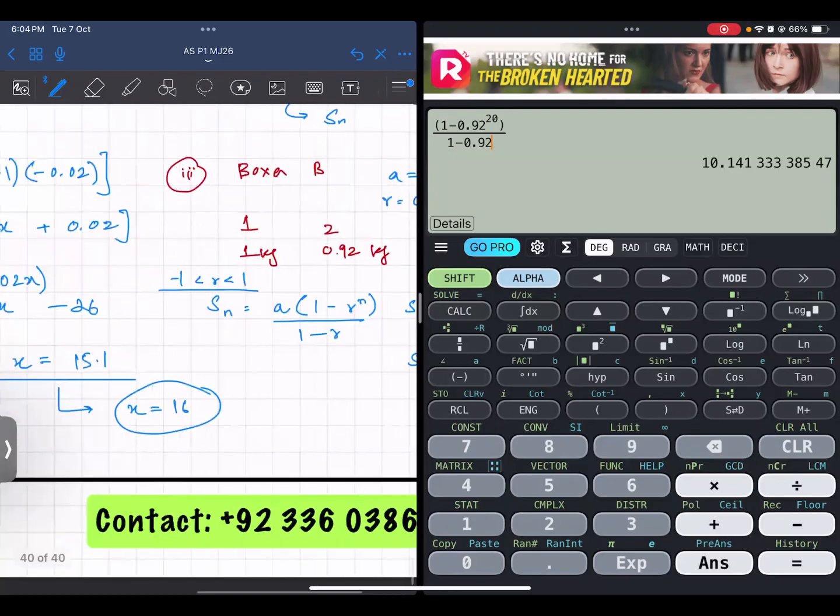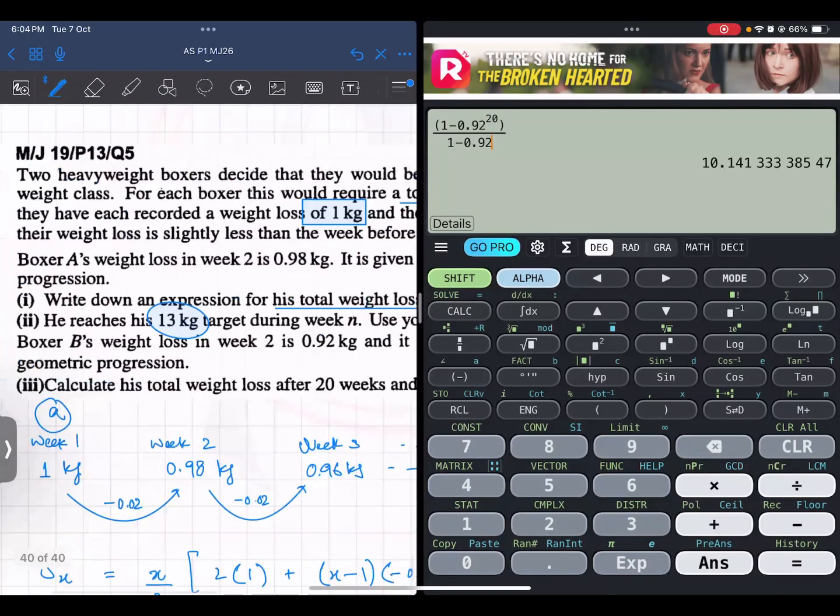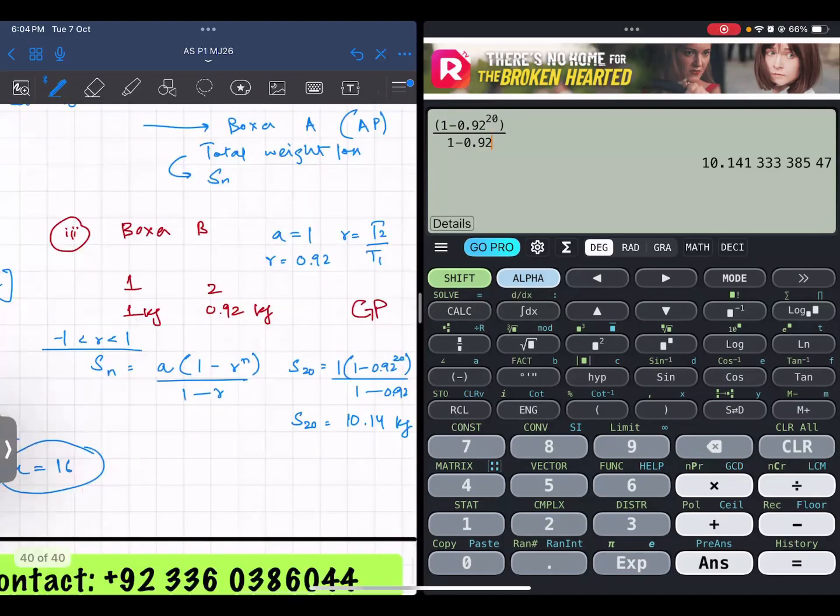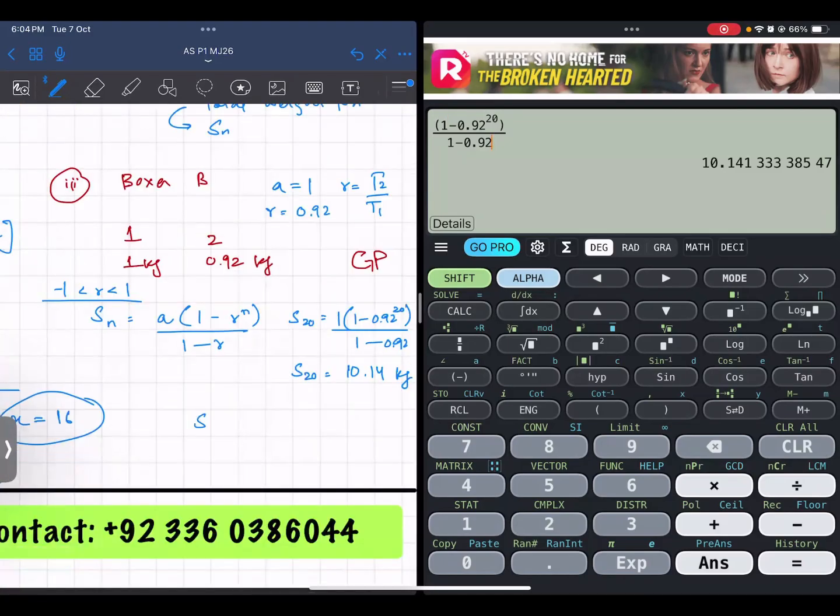After 20 weeks. And then they have asked you to show that he can never reach his target. So the sum to infinity is A upon 1 minus R. So A is 1 upon 1 minus 0.92, so 12.5.